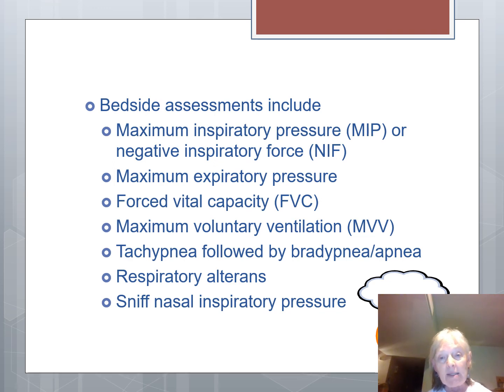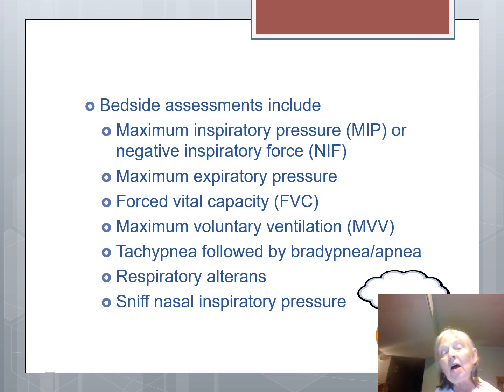This is one of the things we're going to use to determine whether or not a patient needs support. In this case, we're going to drop all the way down to less than 10 mLs per kilo. If you're less than 10 mLs per kilo, that is an indicator for support. If you're greater than 10 mLs per kilo, you're still going to have to be watched because that's very, very low.